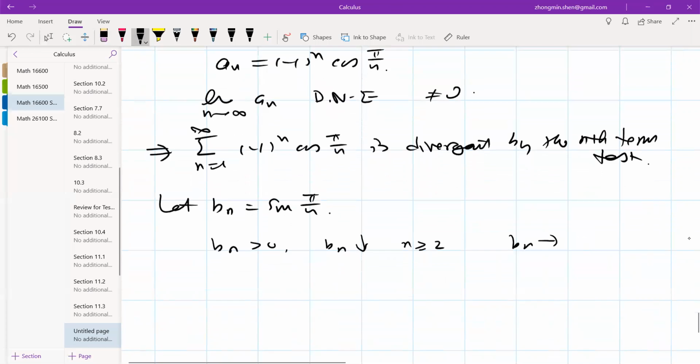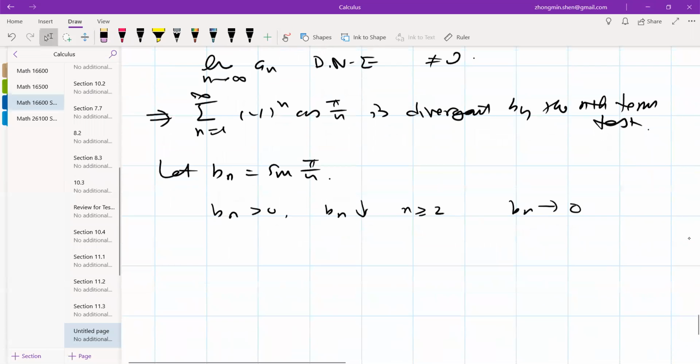So why is Bn decreasing after n greater than 2? The reason is when n is greater than or equal to 2, the angle is between 0 and pi over 2, and the derivative of sine becomes cosine. It's positive. Wait a minute. So it's decreasing. Now why is it decreasing, right? Yeah, look at the picture here.